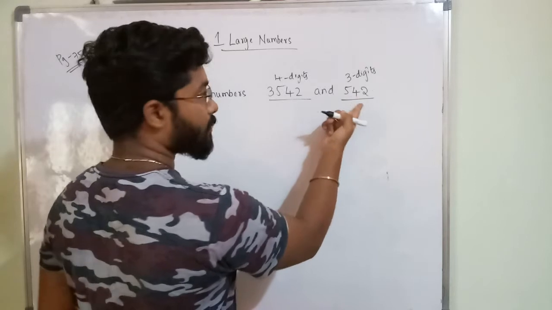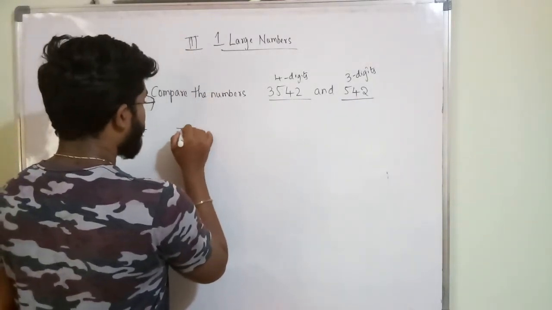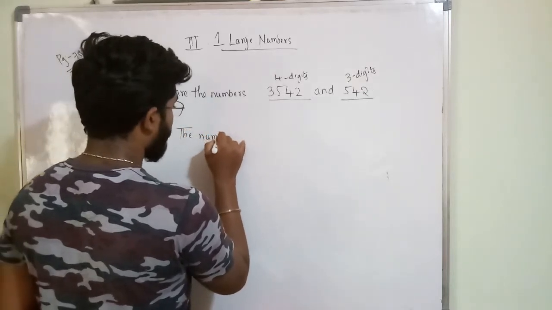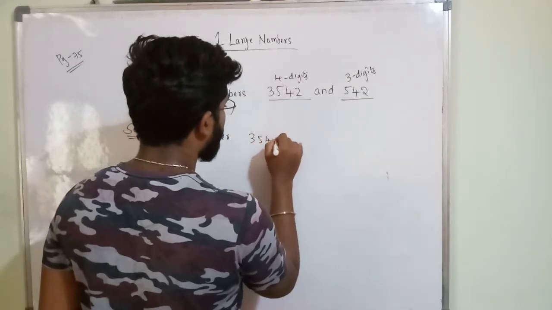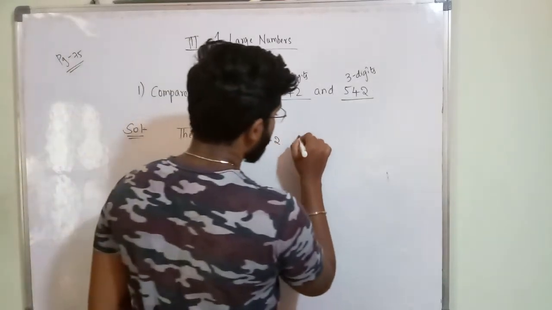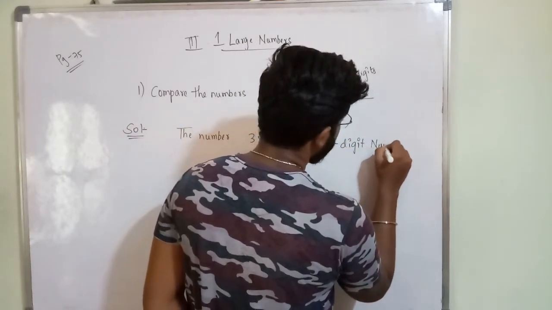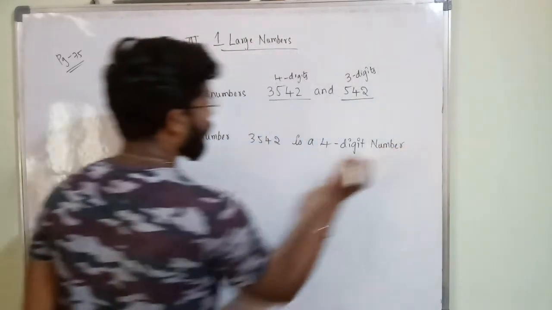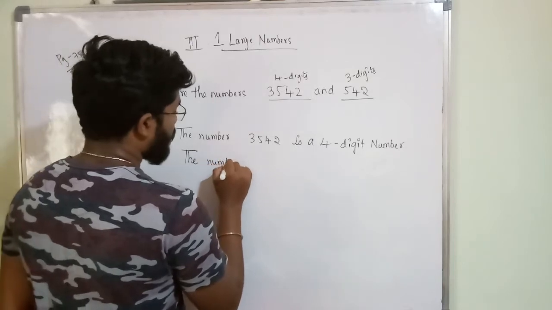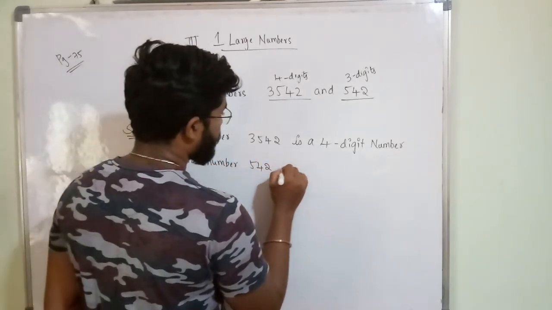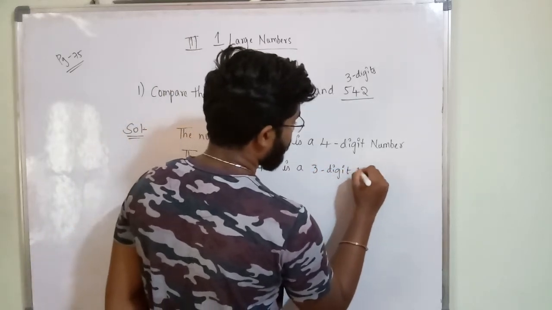So what can we conclude? The number 3542 is a 4-digit number. The number 542 is a 3-digit number. I am writing the solution very clearly.